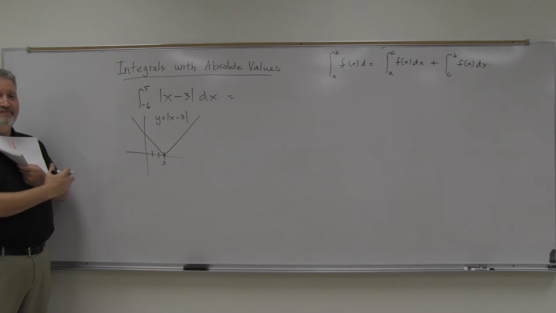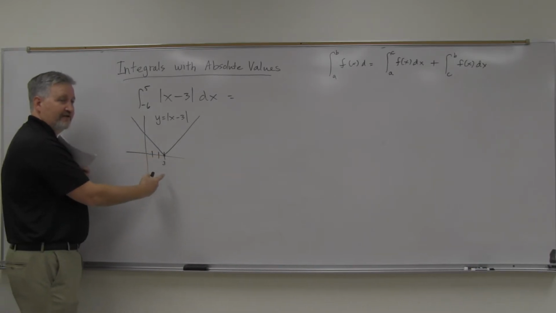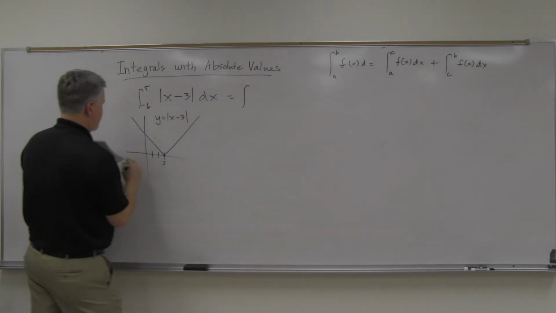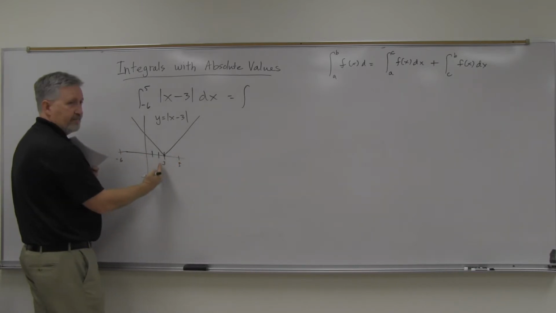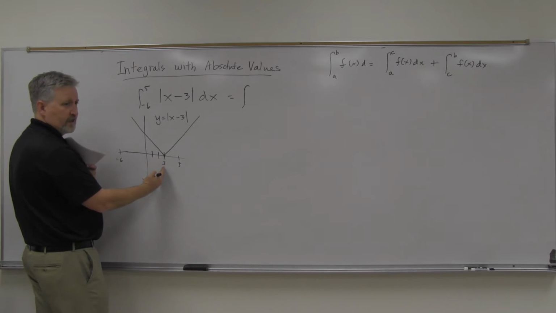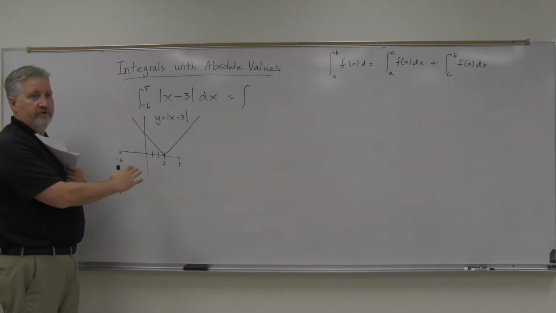Where do I break it up? At the corner, at 3. So, going from -6 to +5, I break it up at 3 instead of 0. So it's not just necessarily always going to break at 0. It's wherever that corner is.